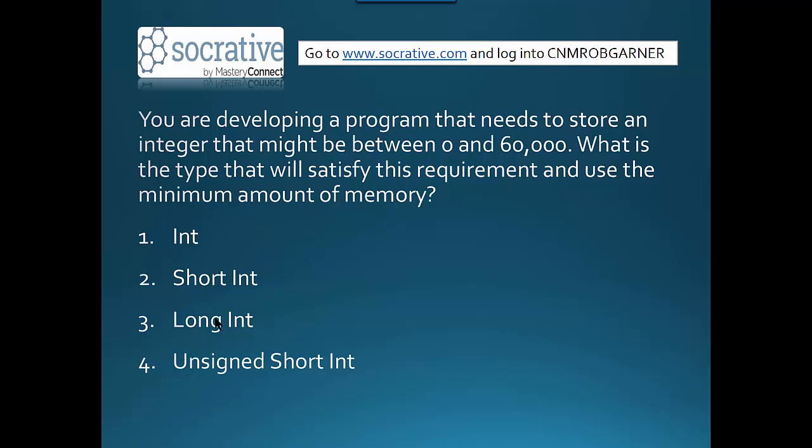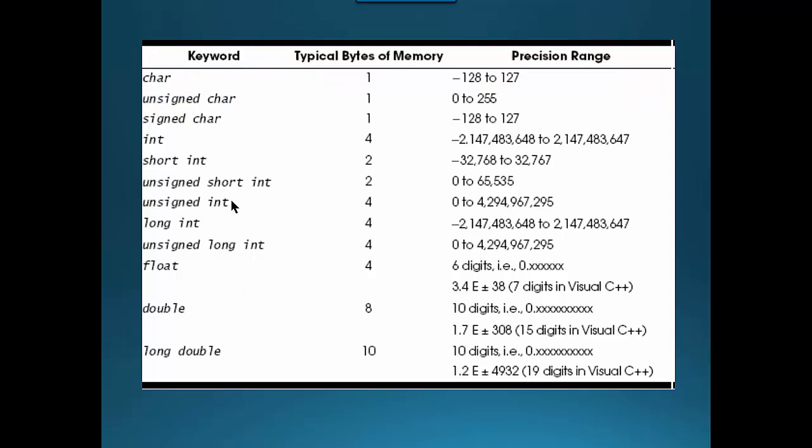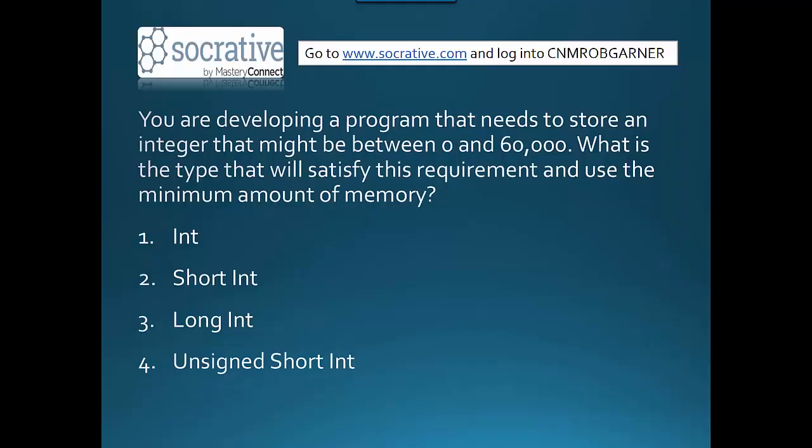So I'm kind of thinking the unsigned. And if we look at our chart, let's see, 0 to 65,000. Unsigned short int should be large enough to store 0 to 60,000. So sometimes you need to look at the chart. So the answer here would be unsigned short int.